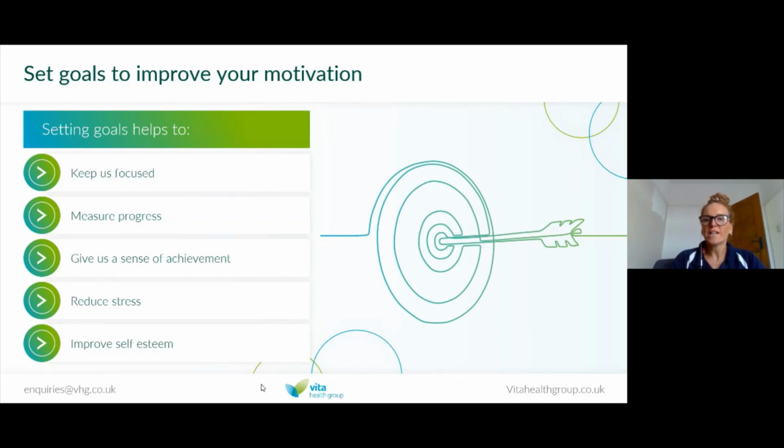Okay, so why does setting goals help us then? It keeps us focused, first of all. If we have a goal, for example, going for a 10-minute walk this week, then this gives us the focus. It helps us measure progress. So if we have recorded our goals as we go along, you can measure your progress, and this can motivate you to do more or adjust if necessary.